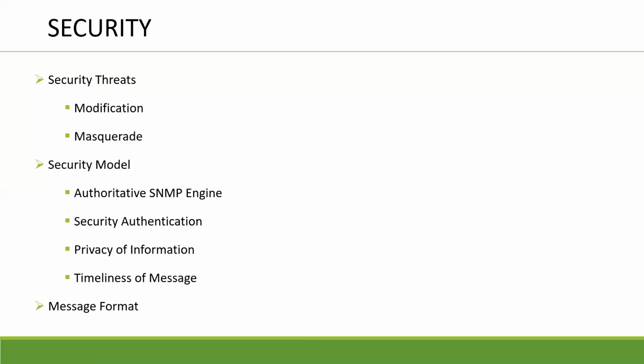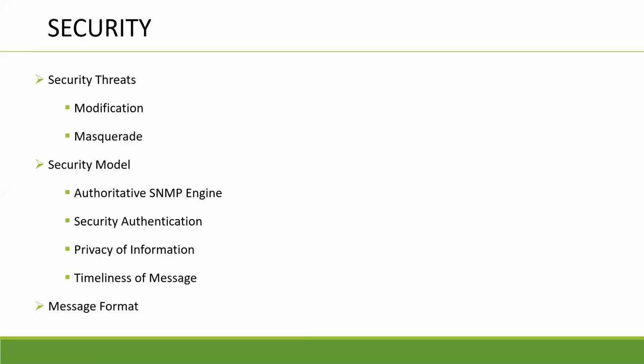Since these messages are originated by a manager process in a network management system, the receiver is the SNMP agent. So the agent is the authoritative engine for trap, get response, and report messages. The sender, or the agent, is the authoritative SNMP engine.